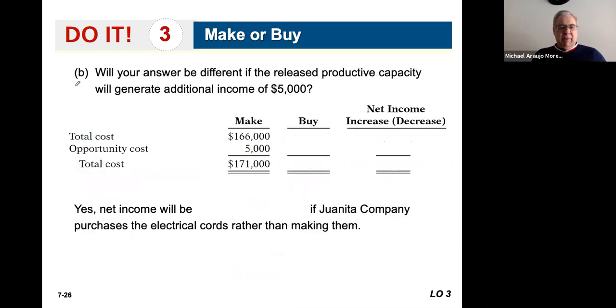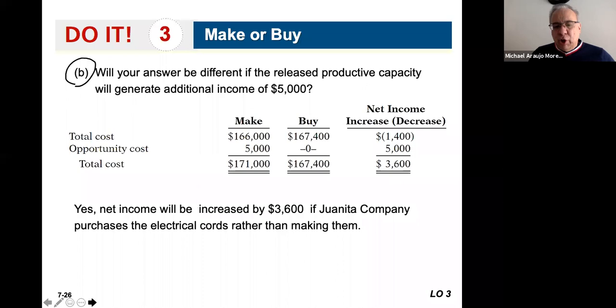What if they were able to make an additional $5,000 where opportunity cost is involved? In this case, it would add an additional $3,600. If they didn't do anything, you saw from the previous slide, they would lose $1,400.